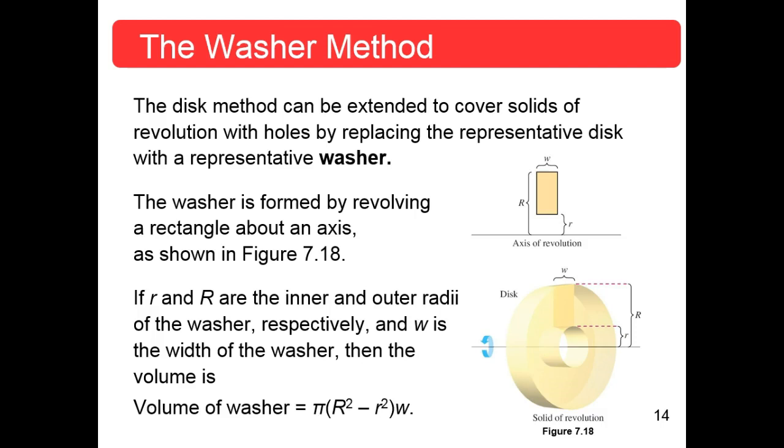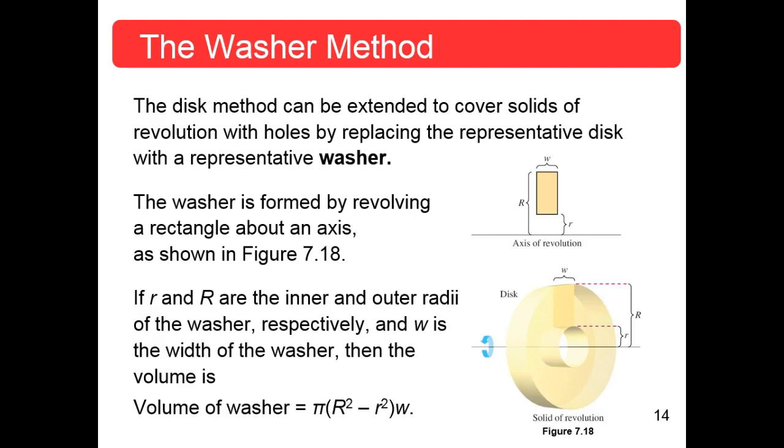So the washer is formed by revolving a rectangle, blah, blah, blah. If little r is the little radius of the little hole, and capital R is the big radius to the big outer region of the washer, and W is the width of the washer, then the volume of the washer is pi R squared W minus pi little r squared W, which, since the pi and the W are the same, is pi times the difference of the squares. Okay?